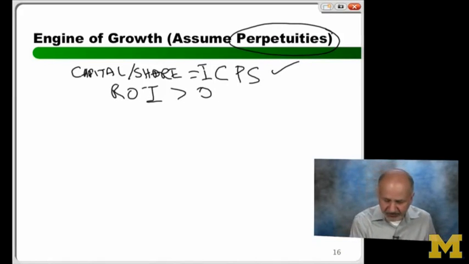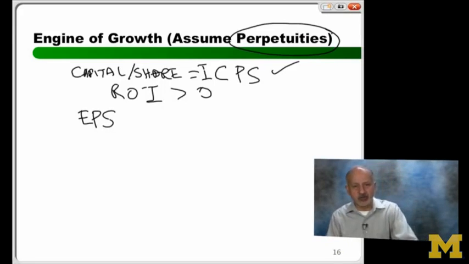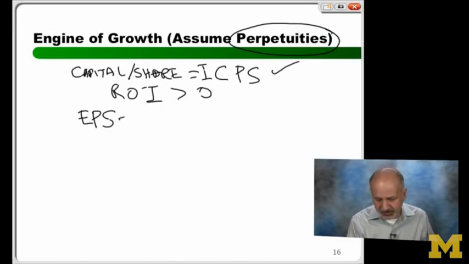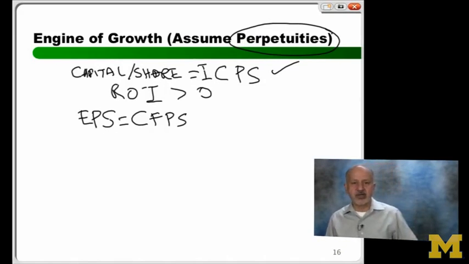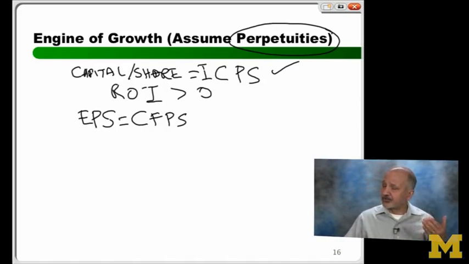So what do we call this cash flow? In finance, we call it earnings per share, but I must warn you about this. When I say earnings per share, I mean cash flow per share. The reason I'm warning you is that the earnings per share you see in accounting statements, as I told you when we did cash flows, accounting statements have to be used to create cash flows. Not that they're trying to cheat.